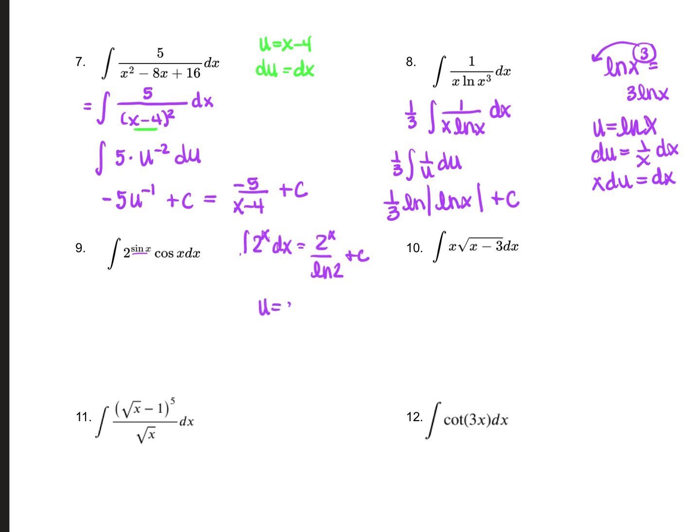So you're going to let u equal that. And you can see that will immediately cancel the cosine. So this would be the integral of 2 to the u du. So that would be 2 to the u divided by natural log of 2 plus c.